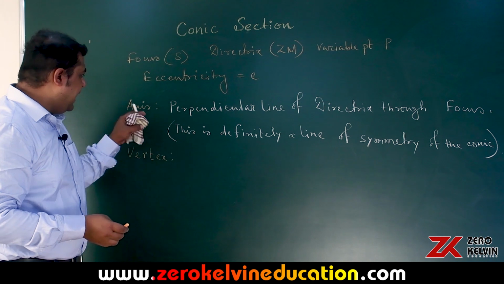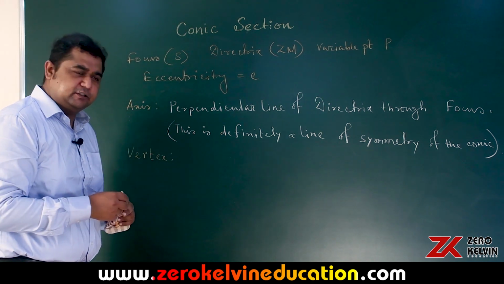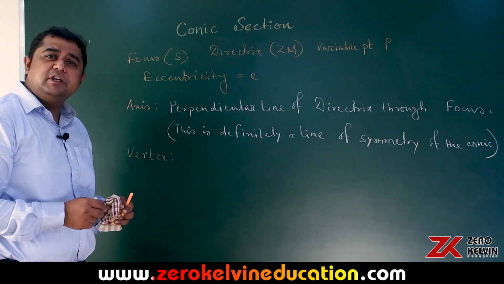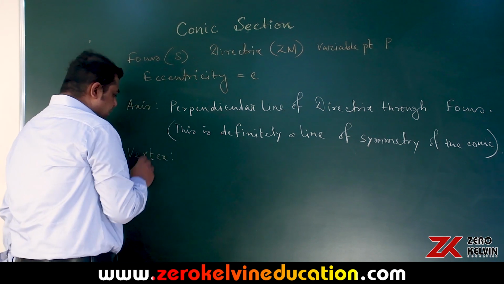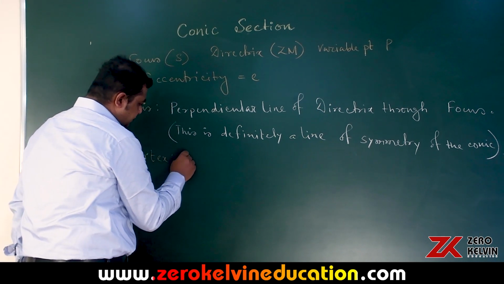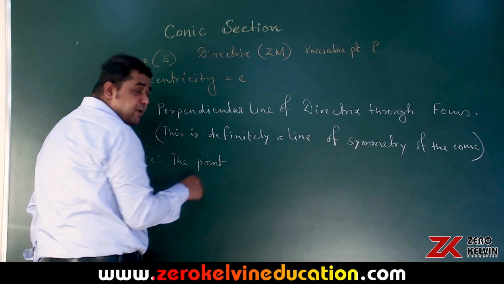As we described, axis of a conic is unique, but we cannot say the same for vertex. There might be a single vertex, there might be more than one vertices too. Now, what is vertex? It is the point or maybe points.